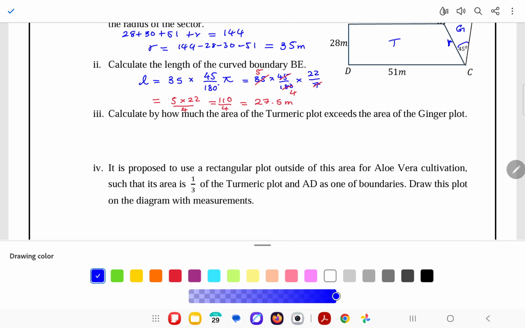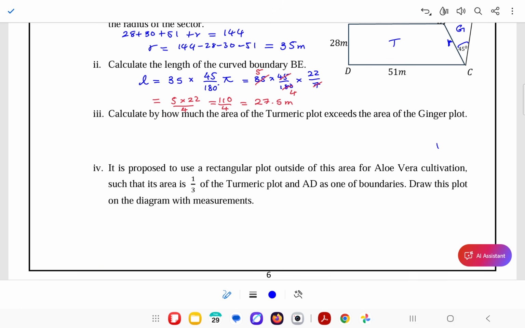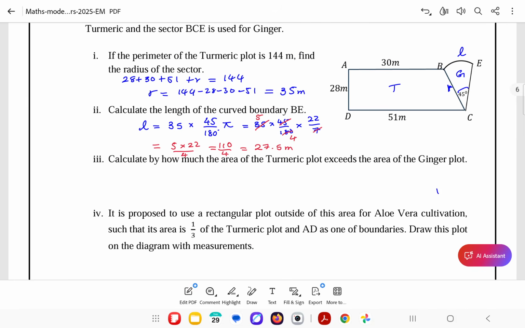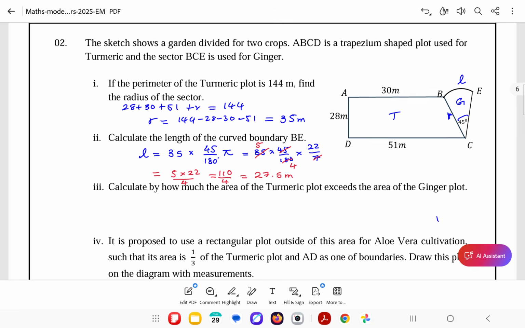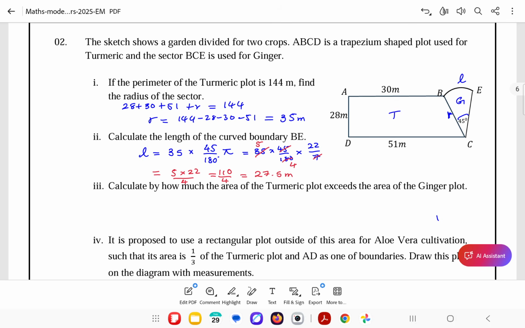Calculate by how much the area of the turmeric plot exceeds the area of the ginger plot. Right. So we need to calculate both areas.